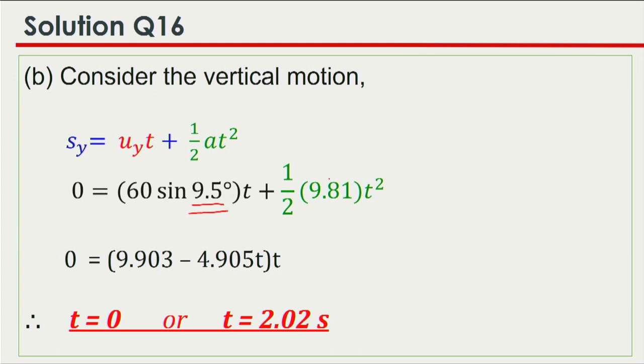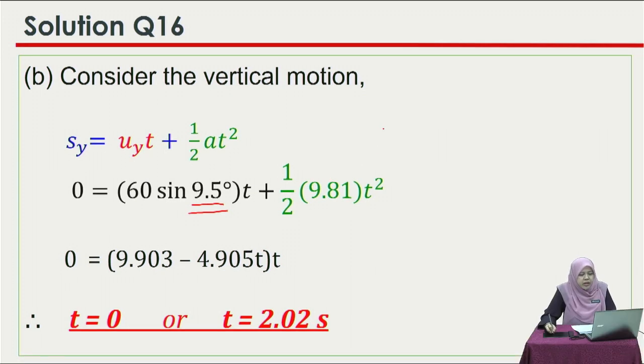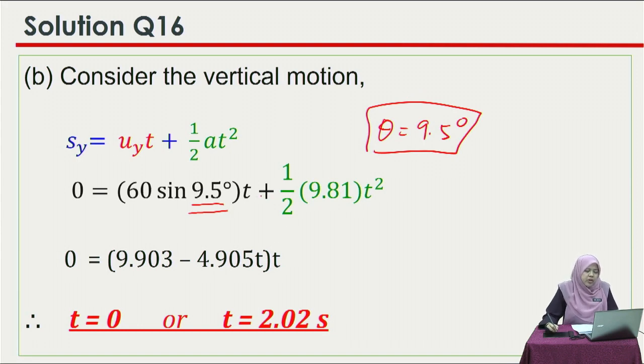Do you still remember the value that we got in question A? We got theta equals 9.5 degrees, obtained from the calculation in question A. So substitute theta equals 9.5, plus half times 9.81 t squared. We need to find t or time taken. And then we got t is 0 or t is 2.02 seconds.